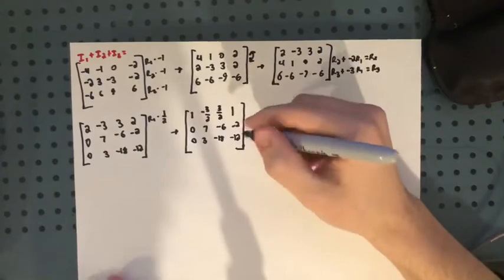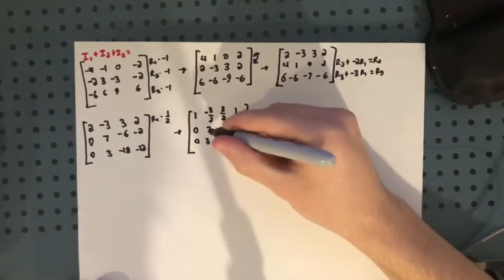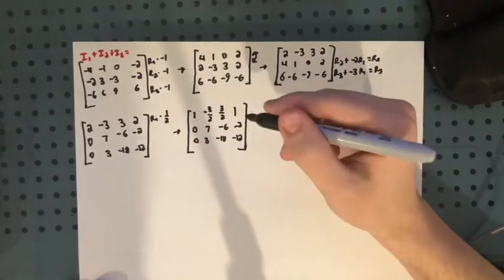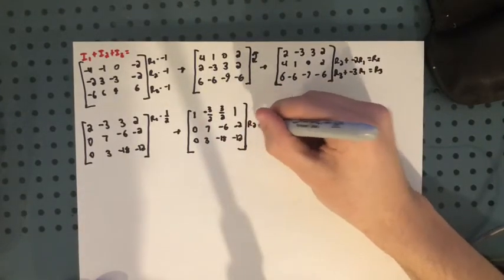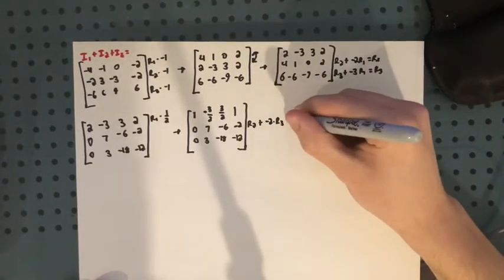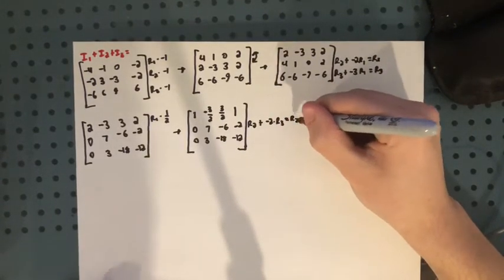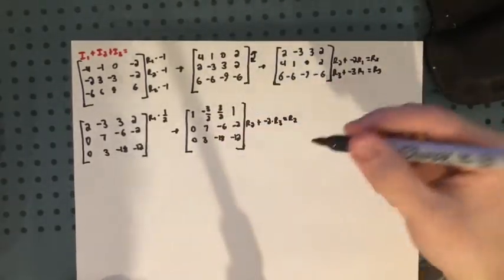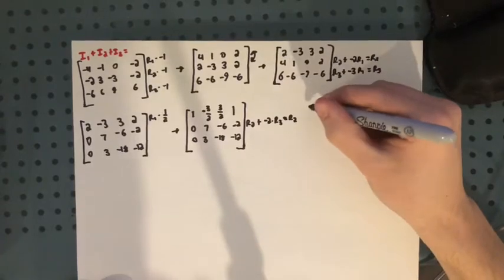Okay, so the next thing we're going to do, we're going to try to get this a leading 1, so we're going to bring this number down to 1. So we can do that. 7 minus 6 is 1. So if we do row 2 plus negative 2 times row 3, then make that equal to row 2, we'll get a leading 1 out here because negative 2 times 6 plus negative 6 plus 7 is 1.